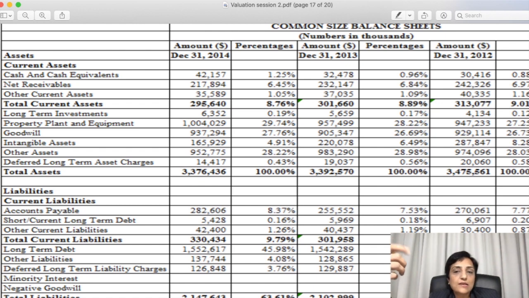The current assets percentage will increase if the company wants to sell more, or the growth projections are increasing. In that case we might need extra inventory, or we might need to give more credit to the customers. So this percentage will grow.